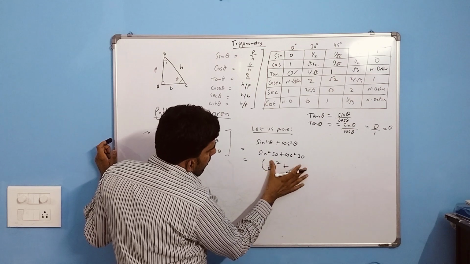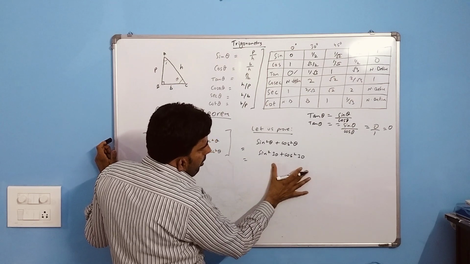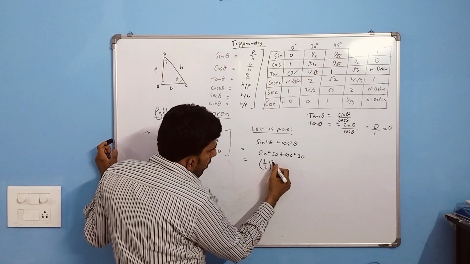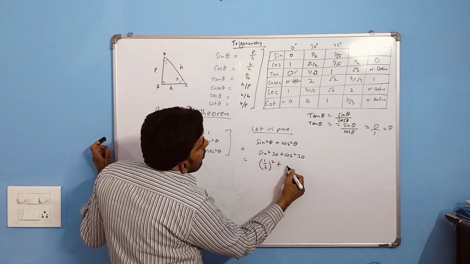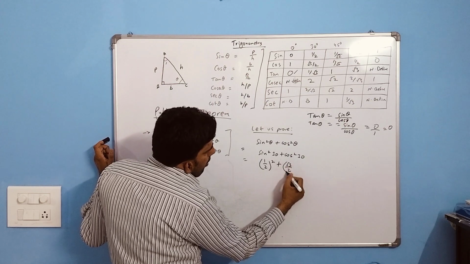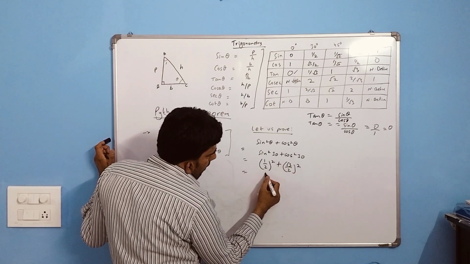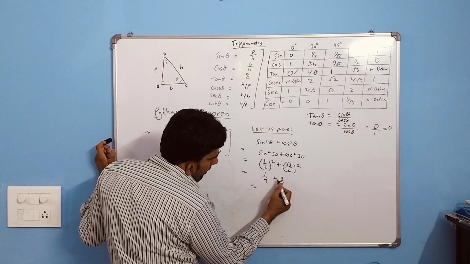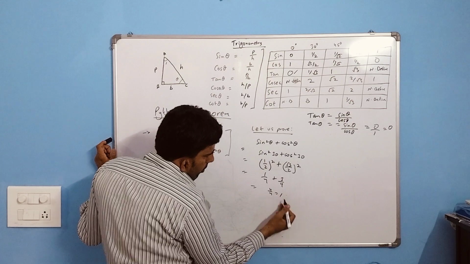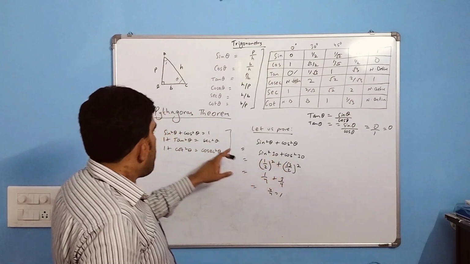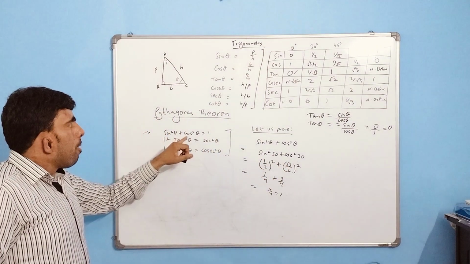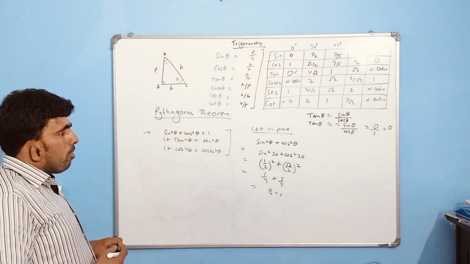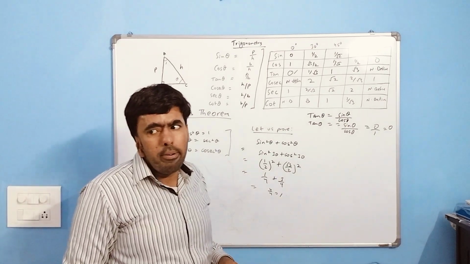Oh, wait. We have taken a wrong value here. Sin 30 is half, plus cos 30 is root 3 by 2. Now you can easily see, taking LCM, 4 upon 4. What I got? 1. And what we have written here? Sin square theta plus cos square theta is equal to 1. Very easy thing.